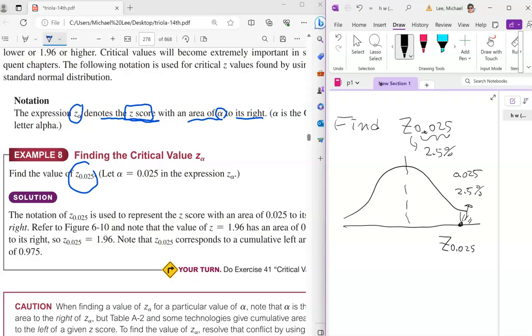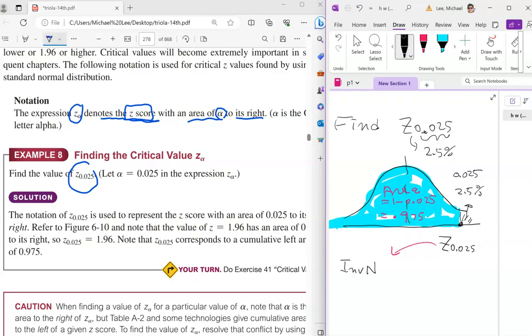Okay? So to find this, you have to, this area, again, what is this area? This area is 1 minus 0.025, so it is 0.975.